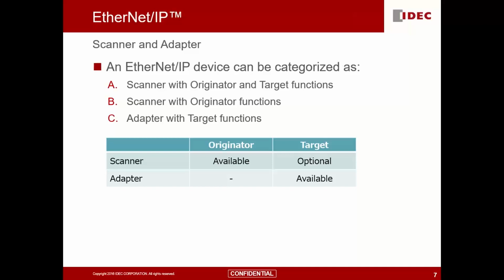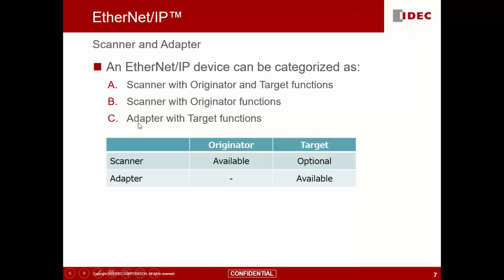Most controllers, when they say they support Ethernet IP, usually fall in category A. A controller, most of the time, is in category A. Category B controllers, you rarely will find that it only has originator functions. We actually have never found a controller that falls into category B yet.